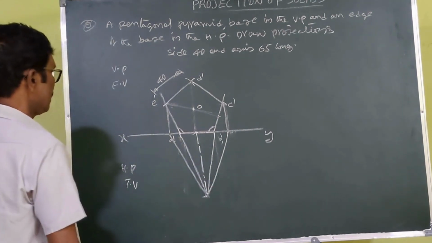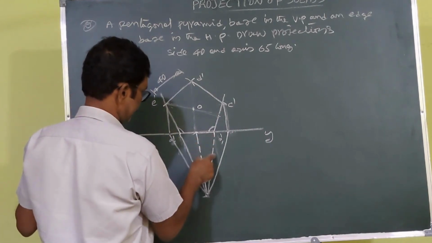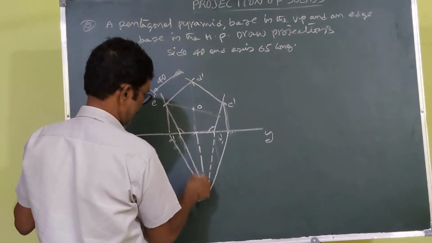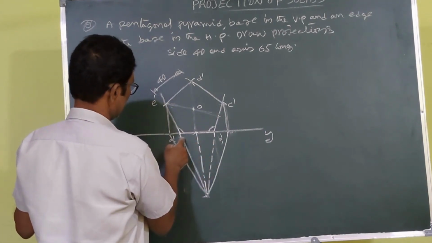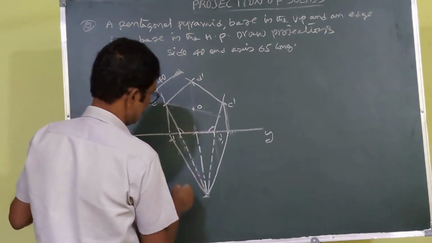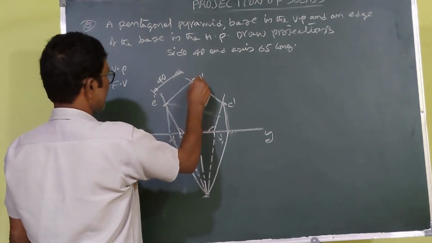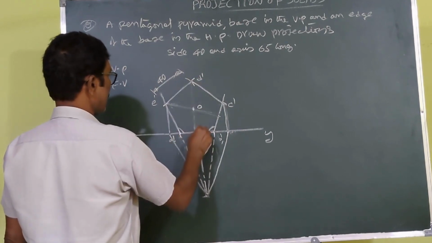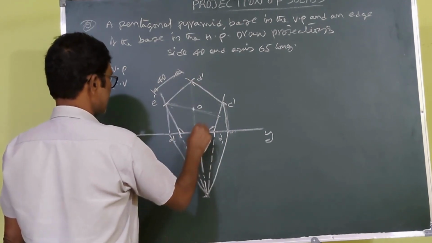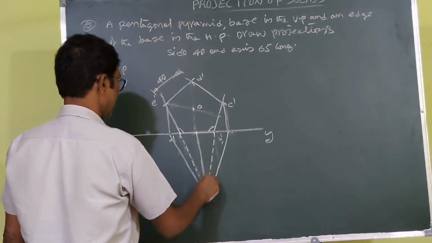That's all. Now what are the dotted lines here? This is the dotted line. The D and O, this O coming on the axis, is a full line.